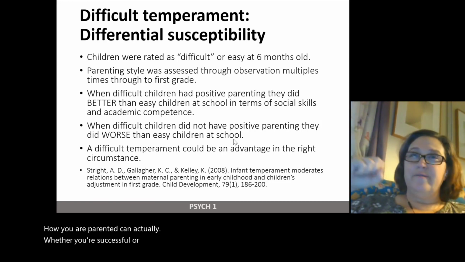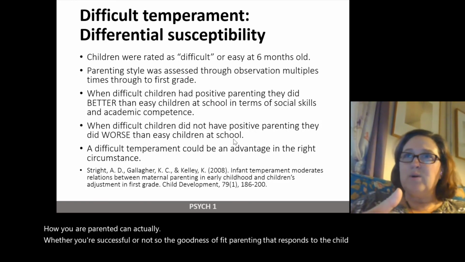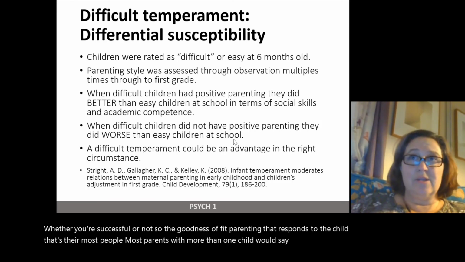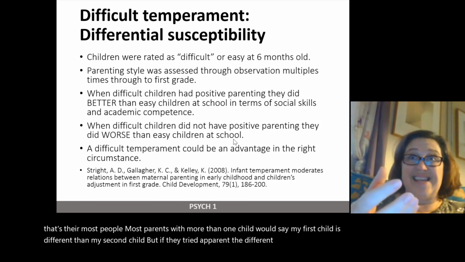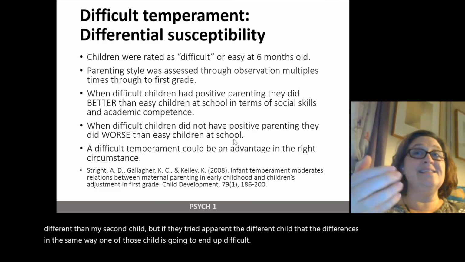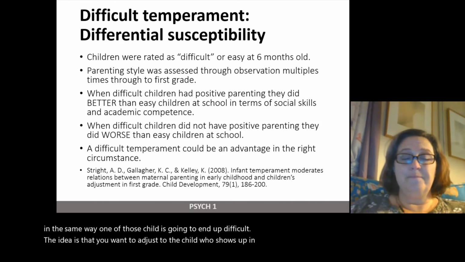So the goodness of fit is parenting that responds to the child that's there. Most parents with more than one child would say, my first child is different than my second child. But if they try to parent the different children in the same way, one of those children is going to end up difficult. The idea is that you want to adjust to the child who shows up in your house, right?